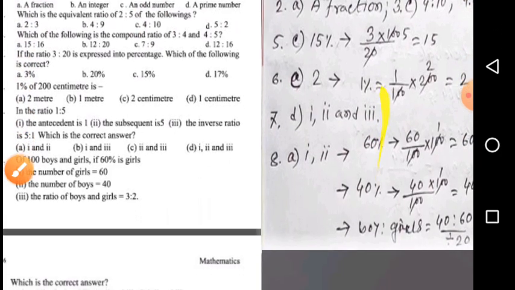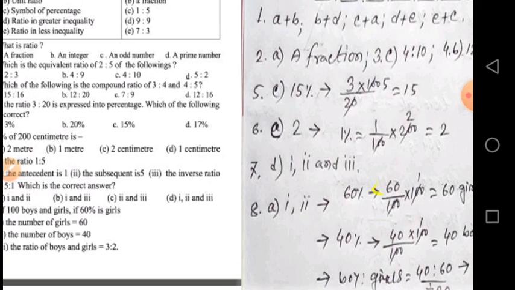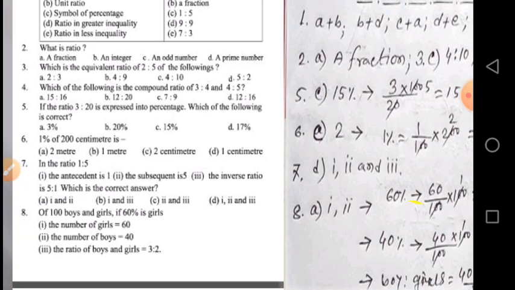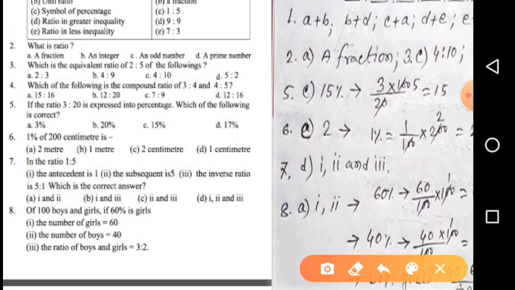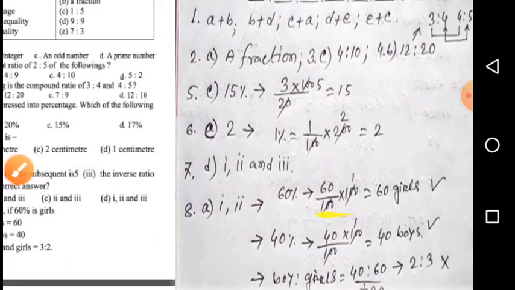Now question number 4. Which of the following is the compound ratio? Compound ratio means we have to multiply antecedent into antecedent, then subsequent into subsequent, then put the symbol of ratio. Here you can see the solution of 4.